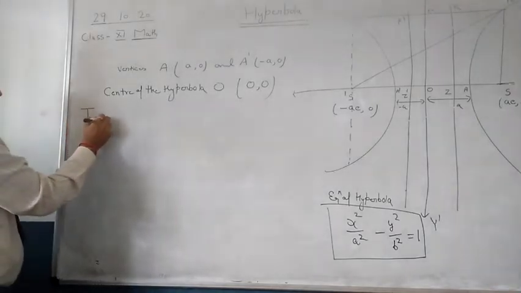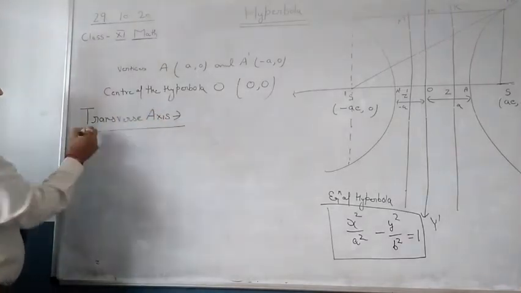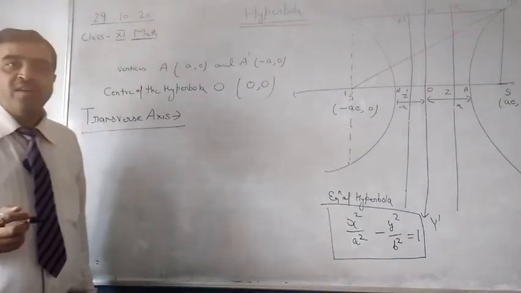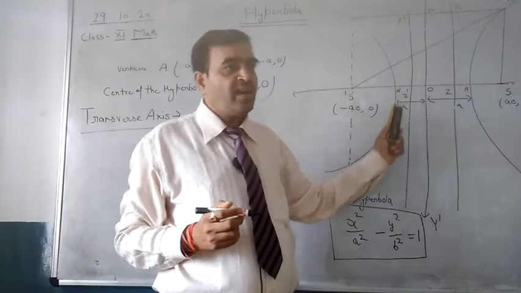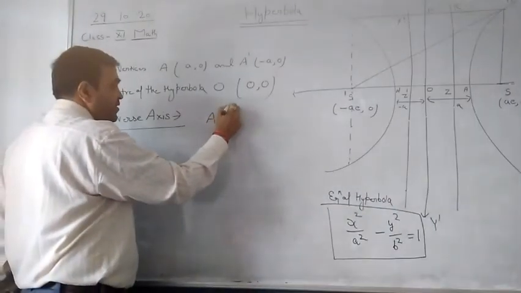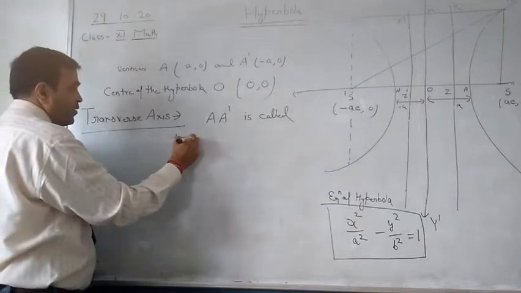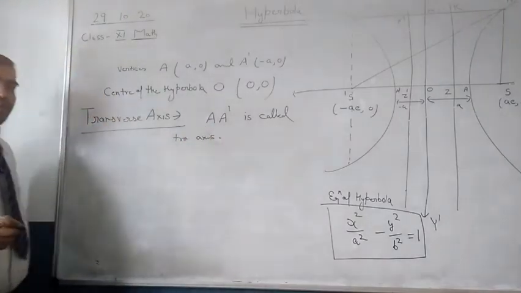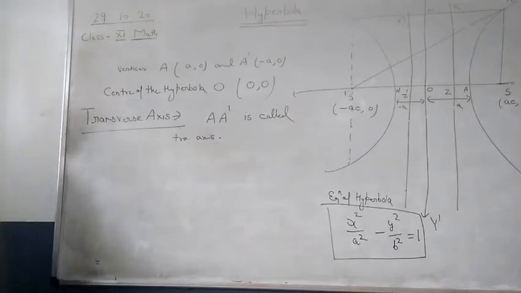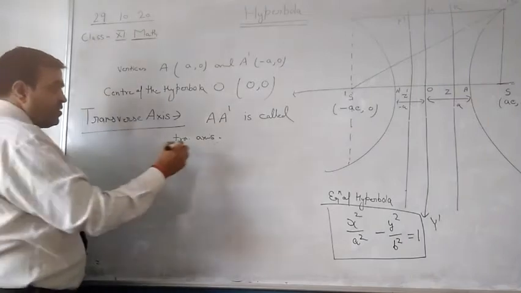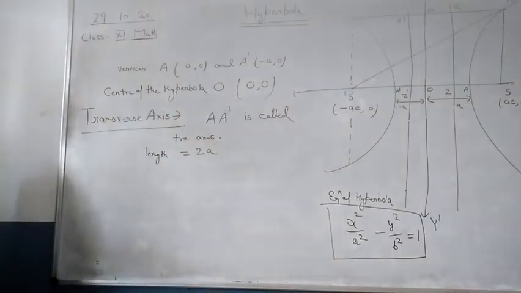Transverse axis. A A dash is called the transverse axis of the hyperbola, and the length of the transverse axis is equal to 2a.